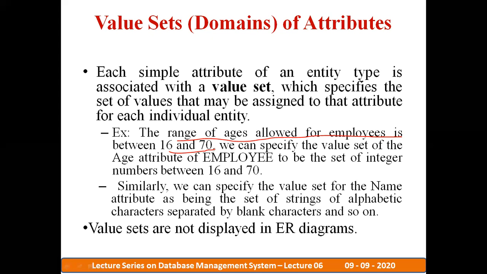So while specifying the name, it should take only alphabetic characters along with blanks. It should not take any special characters or any numbers. And value sets are not displayed in the ER diagrams.